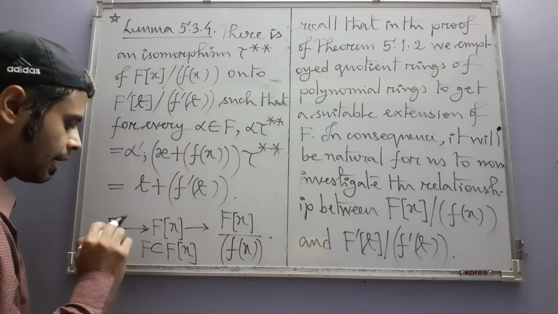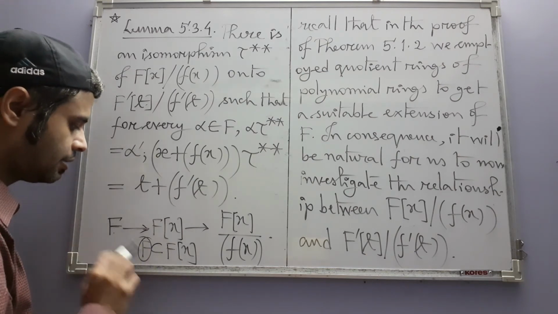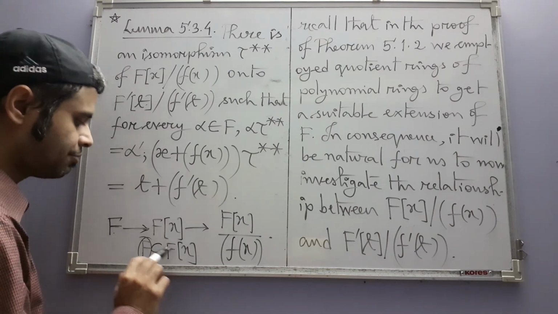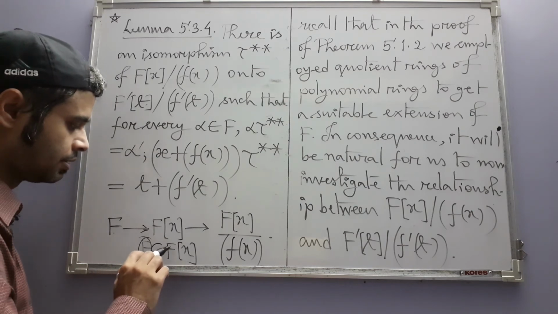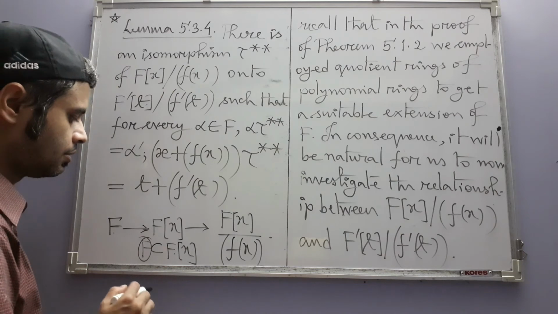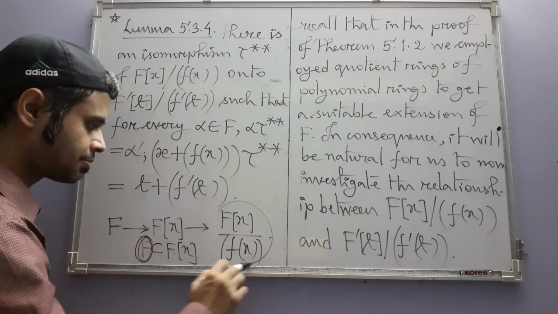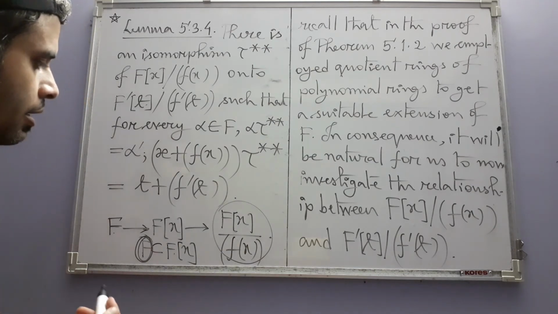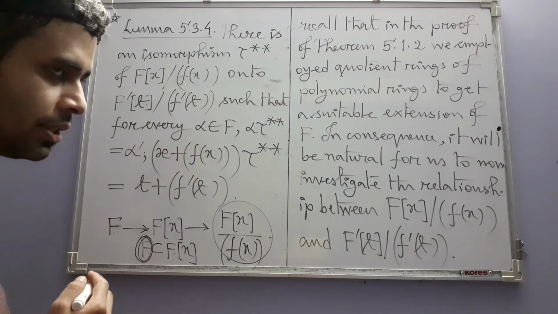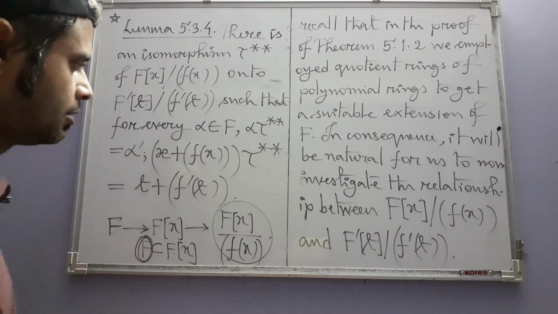But because we can identify field elements with constant polynomials, that identification allows us to think of F as a subset of F[x]. Now, can we still go one step further and identify F as a subset of this? We can. And the specific identification we need in order to do that is this.